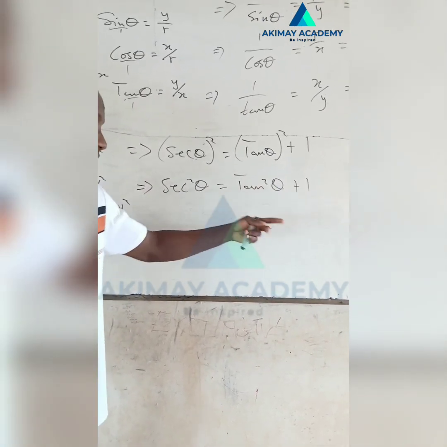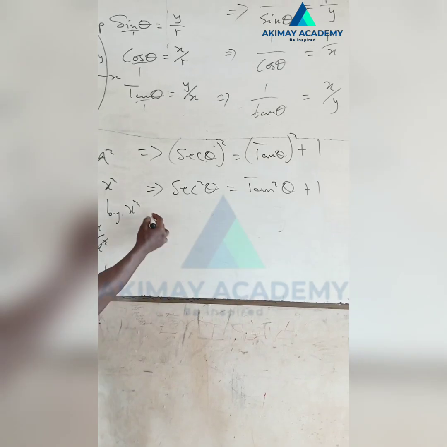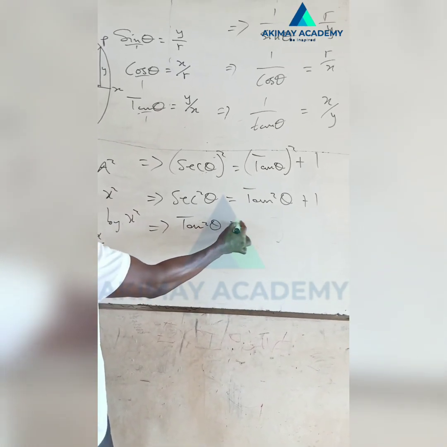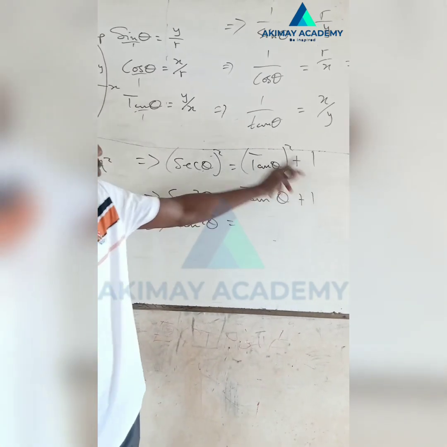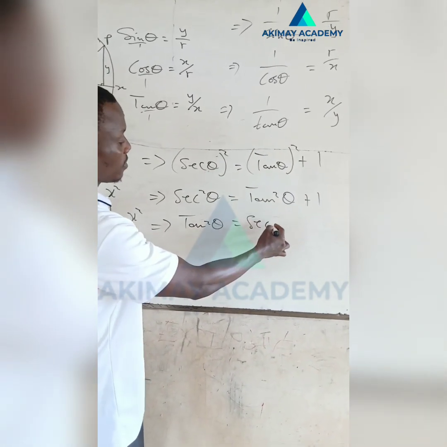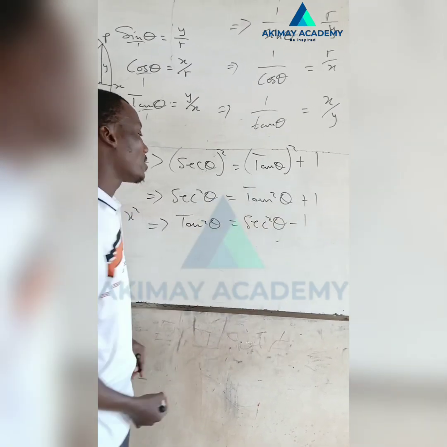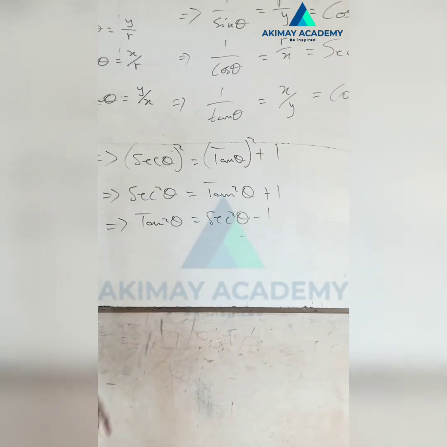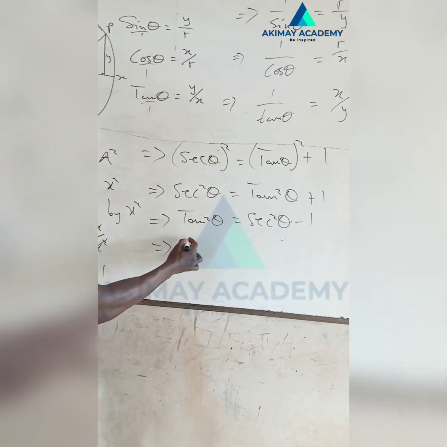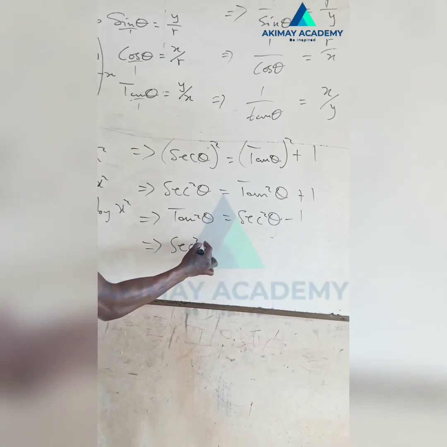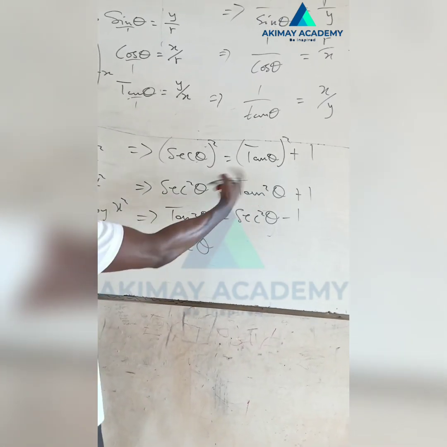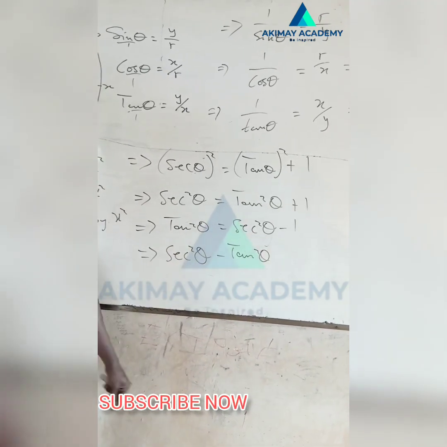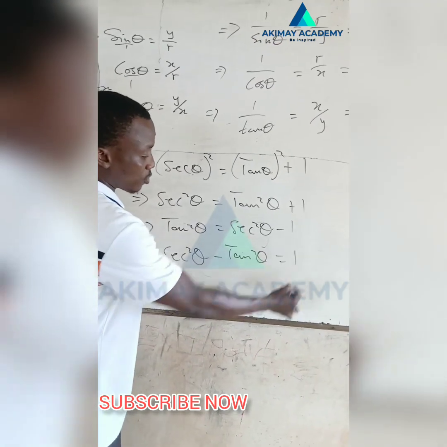Now from this identity, we can generate maybe 2 additional identities. We can also say that tan squared theta equals, by sending this one to this side, sec squared theta minus 1. So we can say that tan squared theta equals sec squared theta minus 1. Or, better still, we can also say that sec squared theta, if we bring our tan squared theta here, we are going to have minus tan squared theta equals 1.